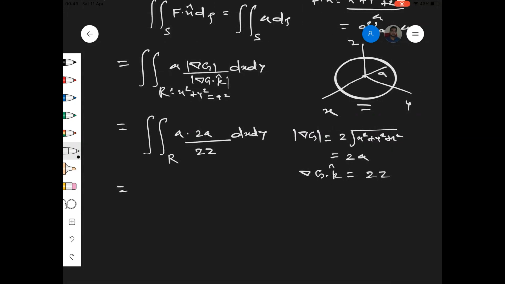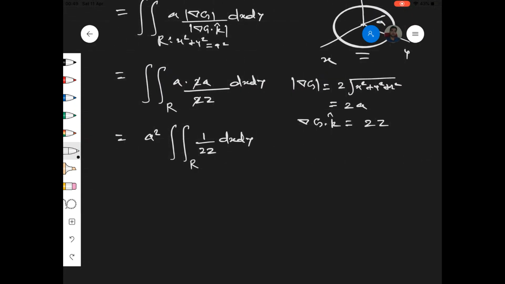So let's evaluate it. This 2 cancels this 2, and let's take a square outside the integral. A square double integral over R, 1 upon 2z dx dy. Now let's put the value of z here.